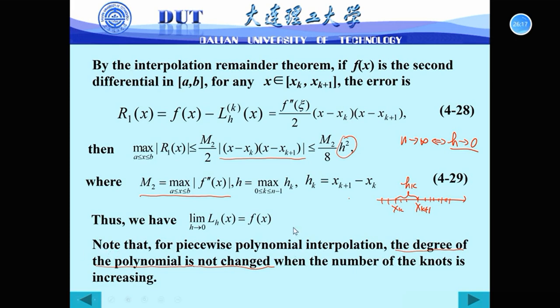So that is why I want to introduce it to you, to let you know that if in your research you need to deal with or interpolate many data points, then it is not good to use high degree interpolation, but to use piecewise low degree interpolation. It's okay?